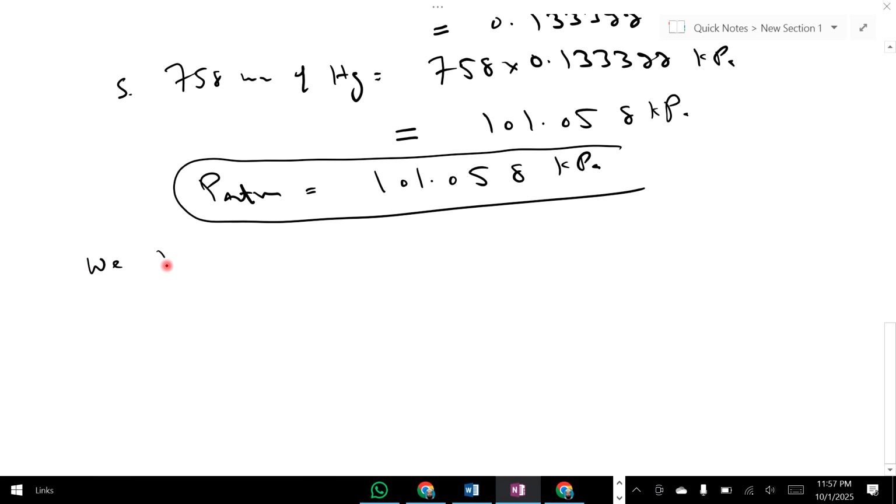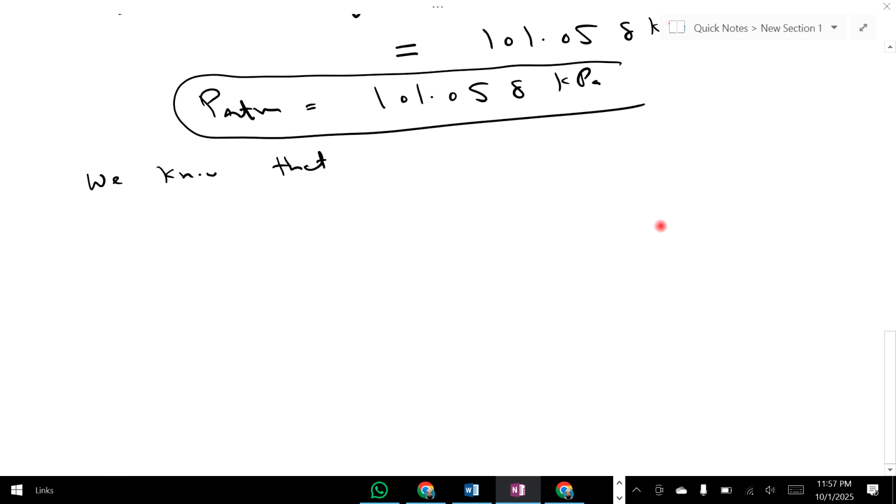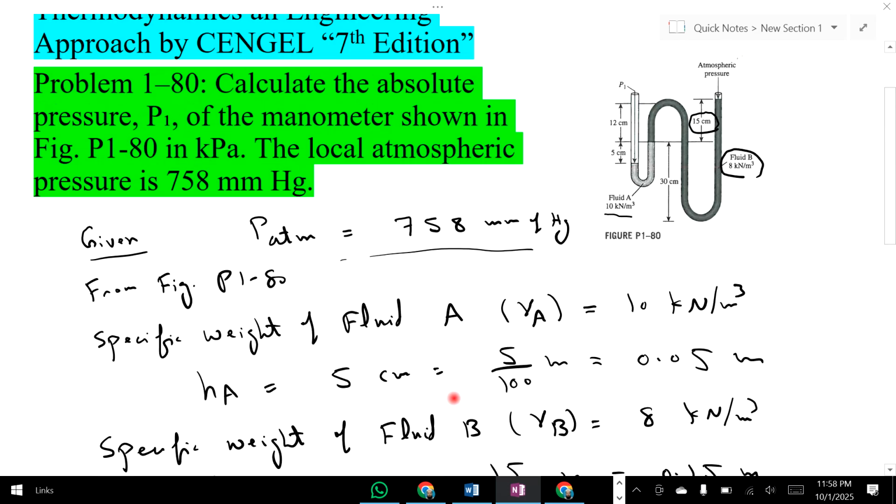And we know the relationship between absolute pressure, atmospheric pressure, and gauge pressure. We know that absolute pressure is equal to atmospheric pressure plus gauge pressure. In our case, we find absolute pressure P1.